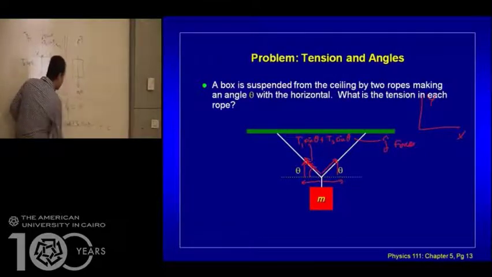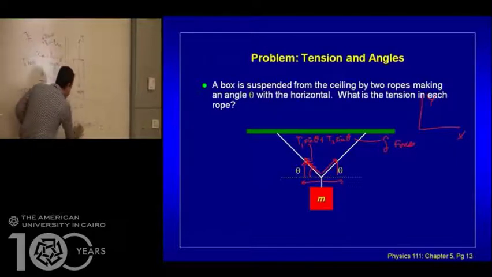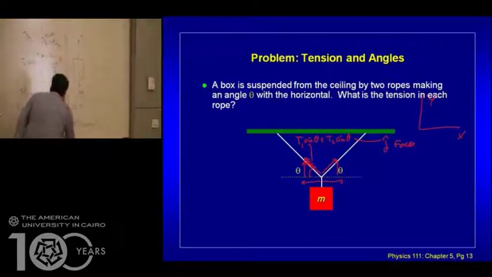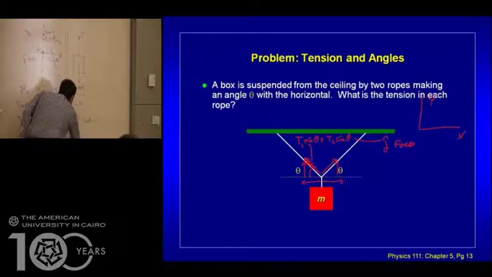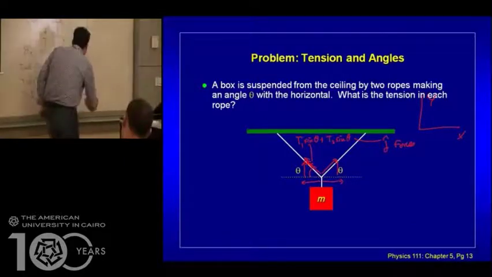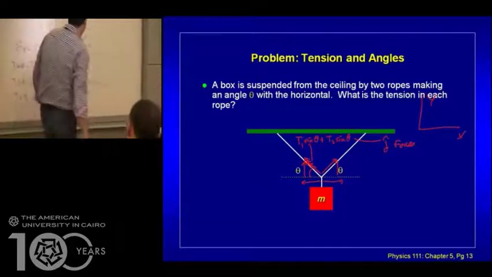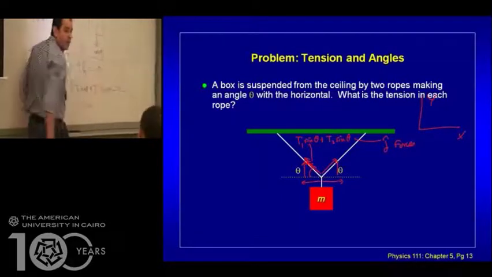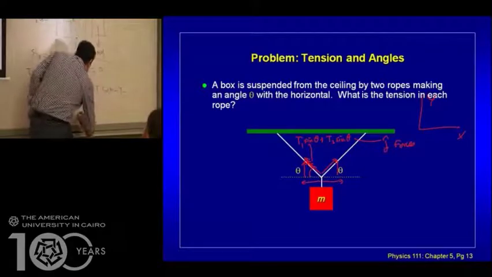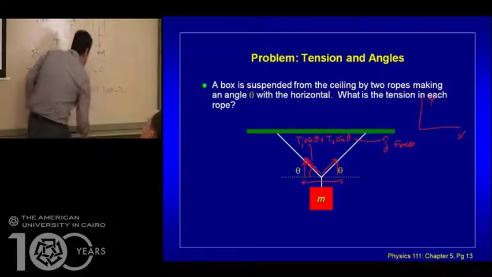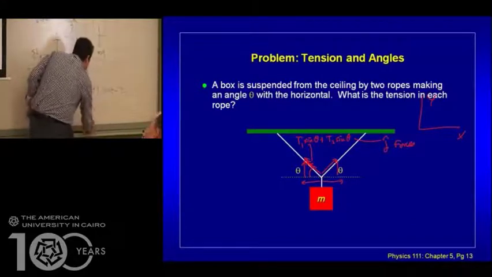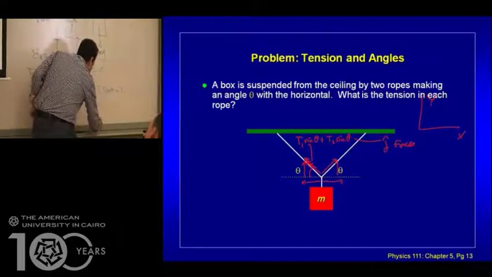T1 is equal to T2, so you have 2 T1 sine theta equal to T, which equals mg. Then T1 equals mg divided by 2 sine theta.